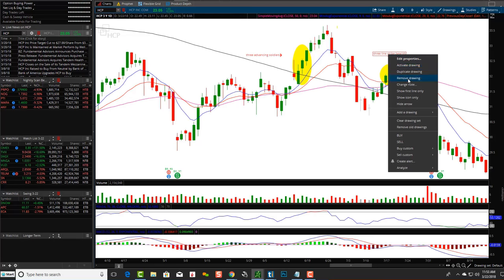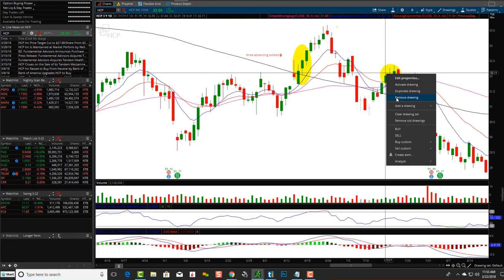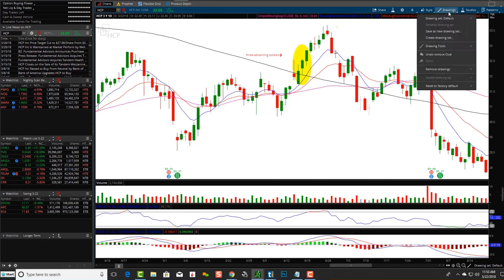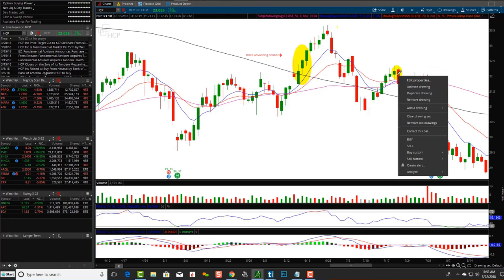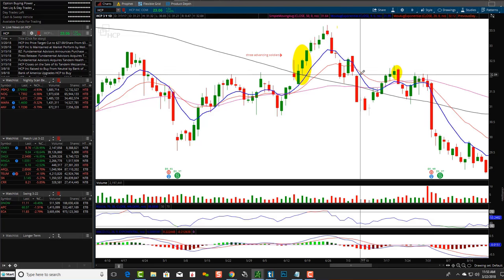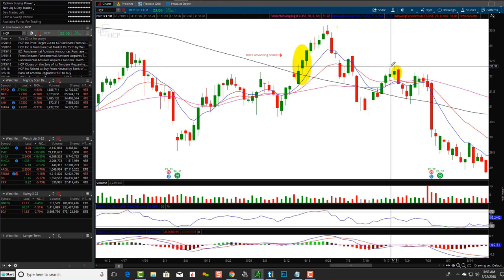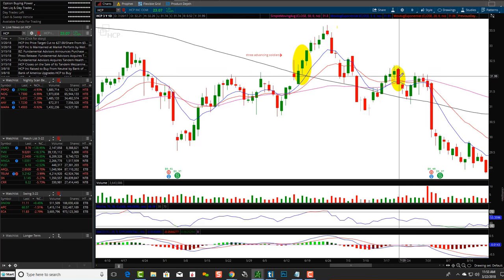So you can see if I remove this drawing, remove this one over here, you'll see that this right here is a bearish engulfing. And then if you look at it together with this candle right here, that's a 3 outside down pattern, right?